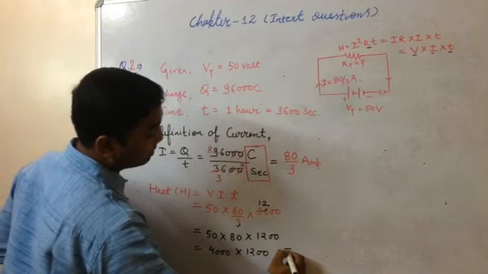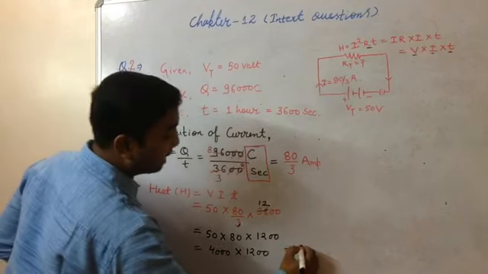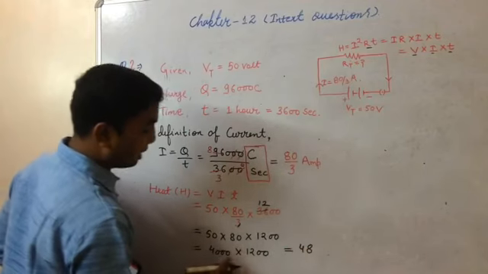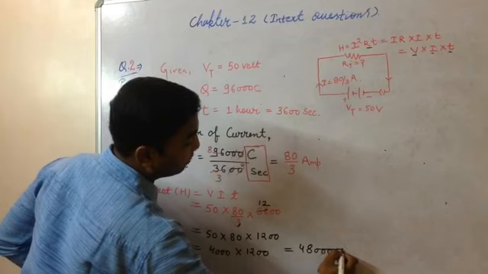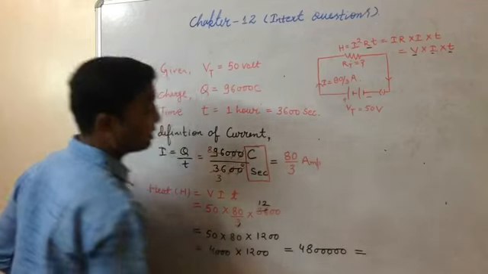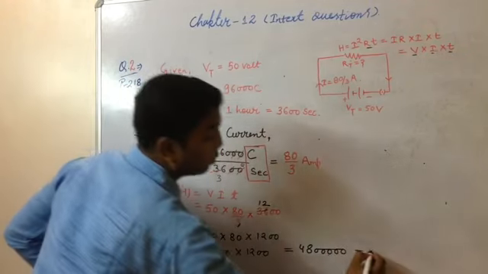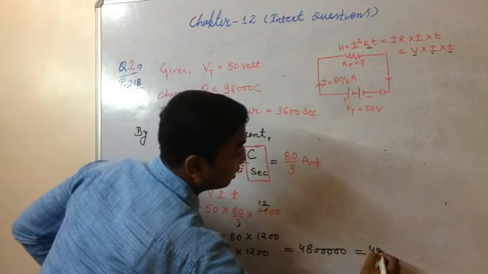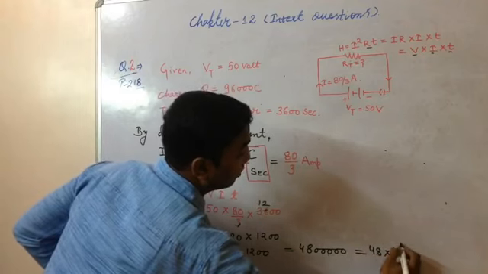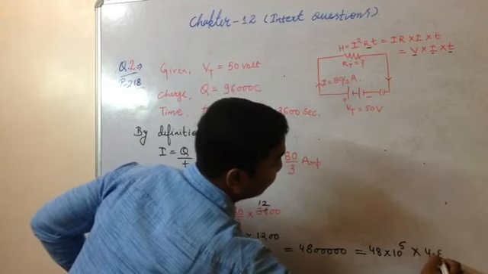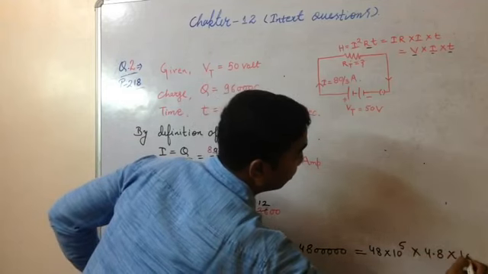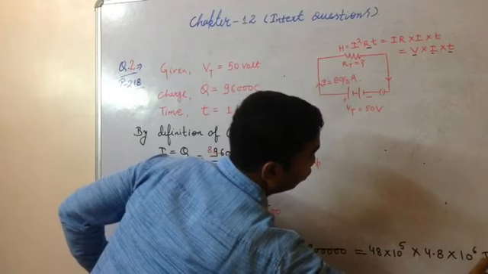So on solving this, 12 fours are 48, and how many 0s? 5 zeros will come. So on solving this, we get 48 into 10 to the power 5. We can say 4.8 into 10 to the power 6 joule.